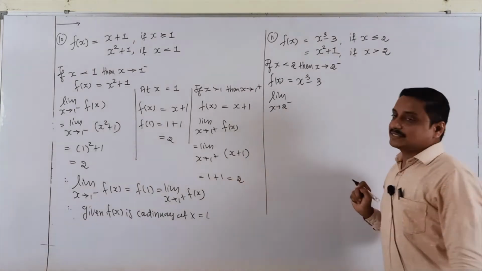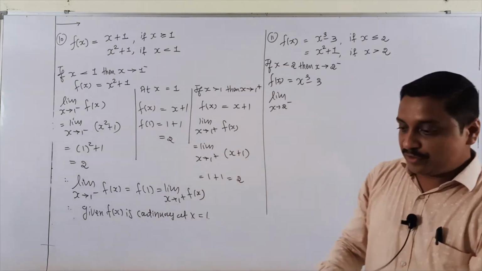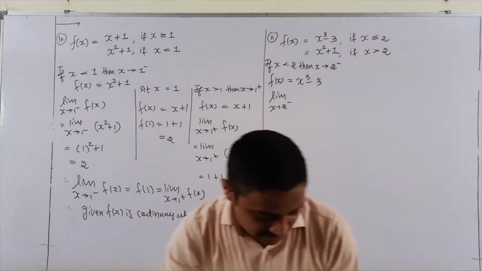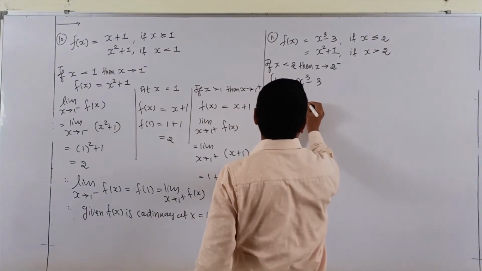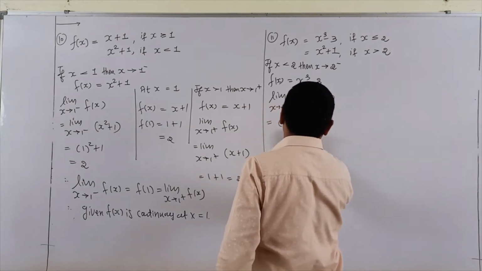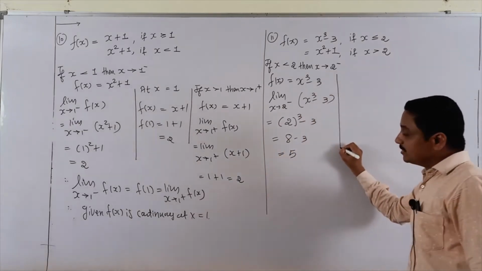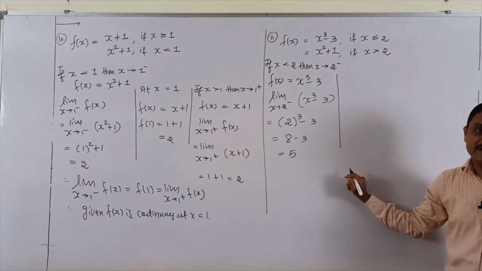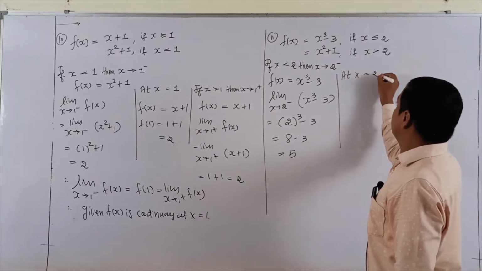Correct, no? Yes. The function as x tends to 2 negative, similarly apply here x cube minus 3. My answer is 2 cube minus 3, it is 8 minus 3. So what is that? Yes, it is 5.